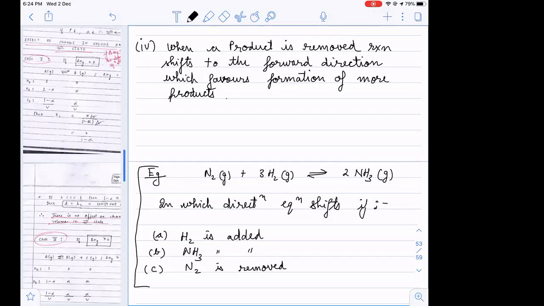Yes, it will be forward direction because see Le Chatelier. What did Le Chatelier first say? First point. Sir, yes, sir. First point said that when the reactant is added, the reaction will shift in a forward direction. So as to nullify the change, how is the change being nullified?